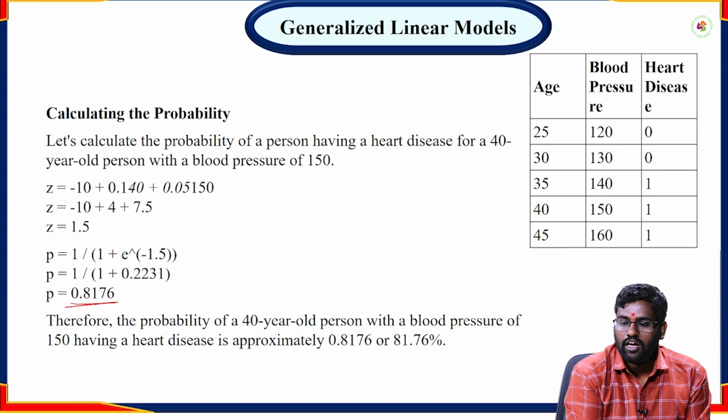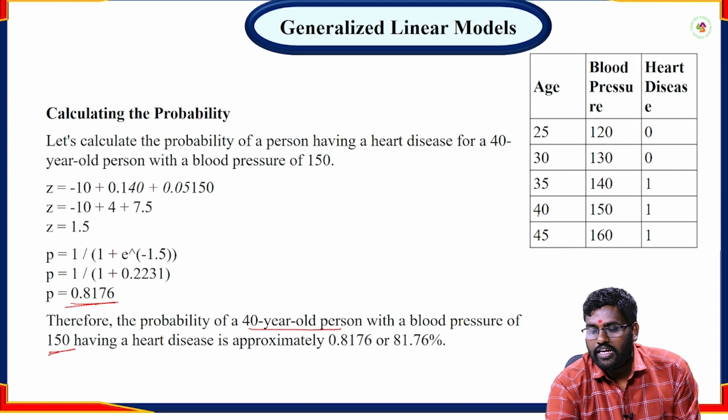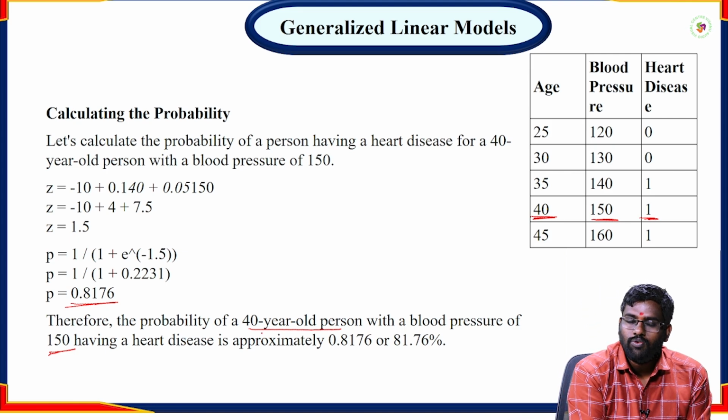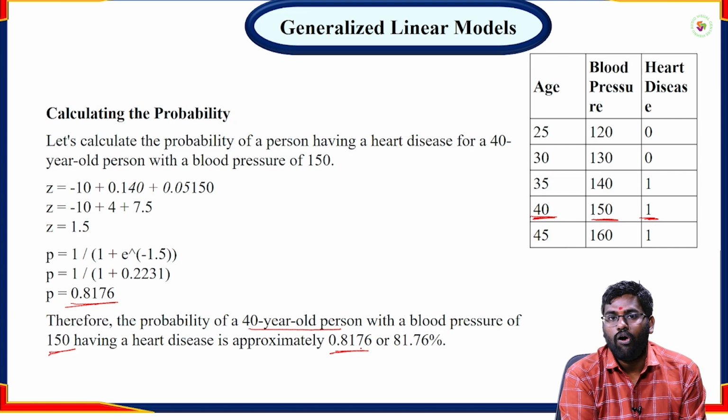So for a 40-year-old person with a blood pressure of 150, they get heart disease. That is the assumption given here. Whenever we compute the probability for a 40-year-old person with a blood pressure of 150, they have an 81% chance of getting heart disease, not accurately 100%.